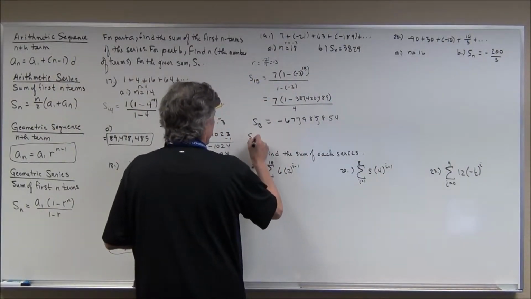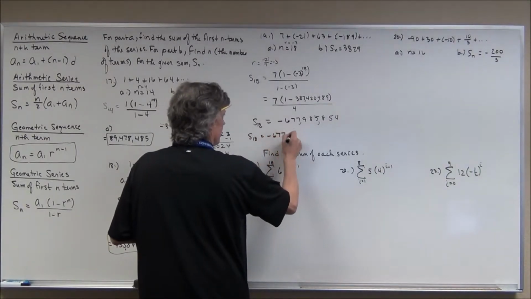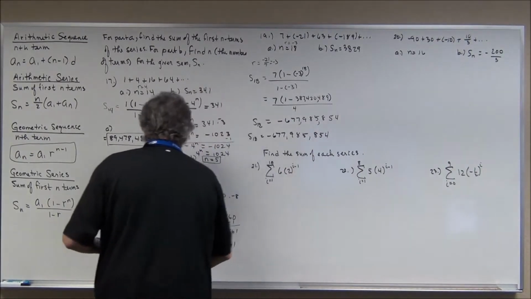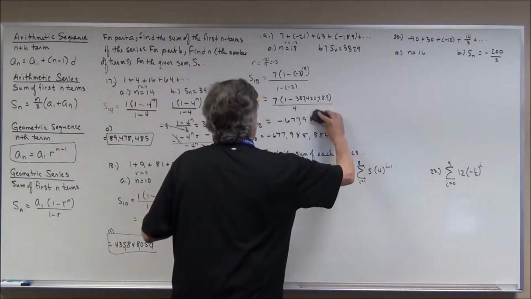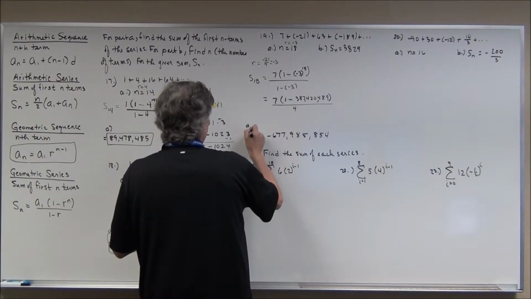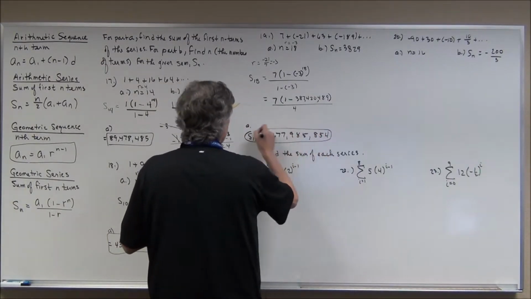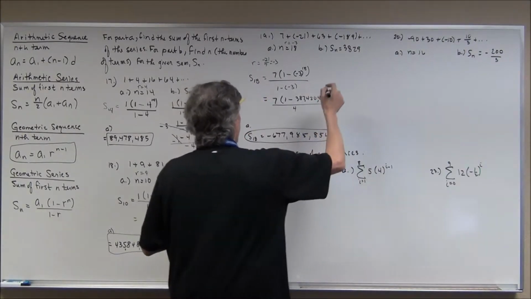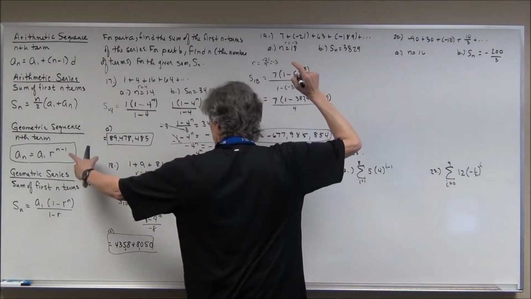Here, I'm going to write it again so that I can erase a little bit of this because I took up too much space. There we go. So there's part A. Now part B, I may have to erase a little bit of this as well. I am going to use this formula only.